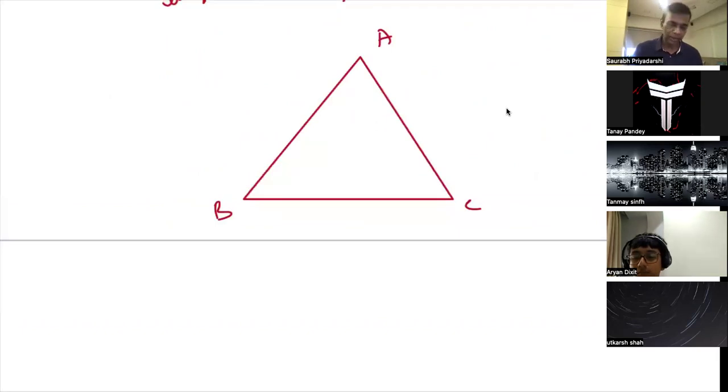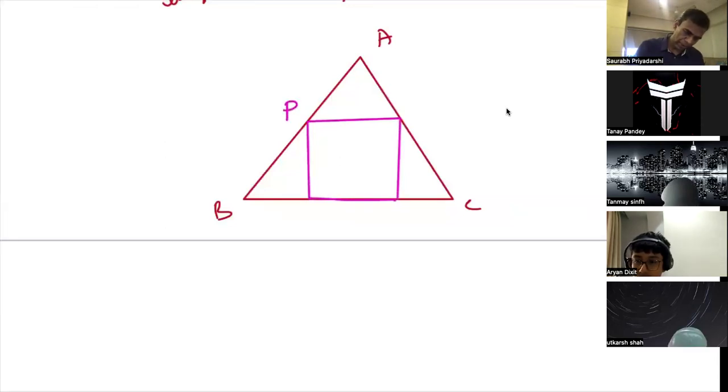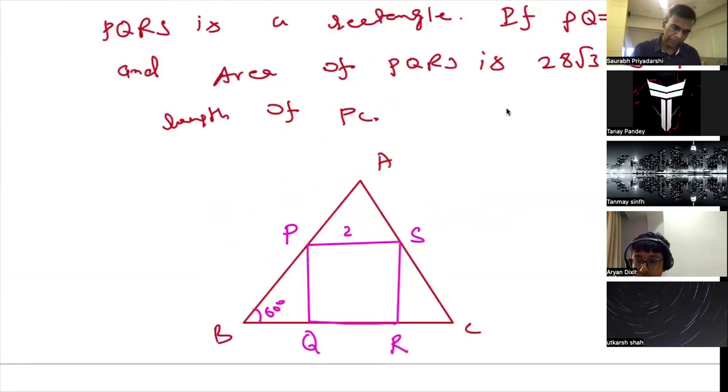ABC, equilateral triangle. We have to form a rectangle in this: P, Q, R, and S. This is 60 degrees.